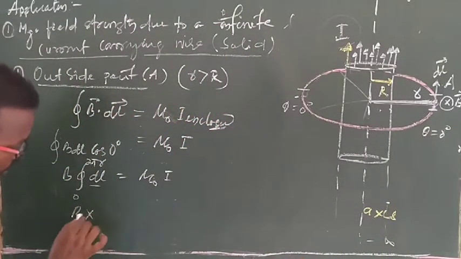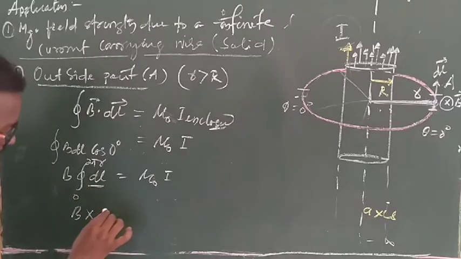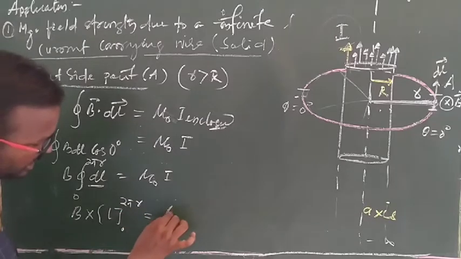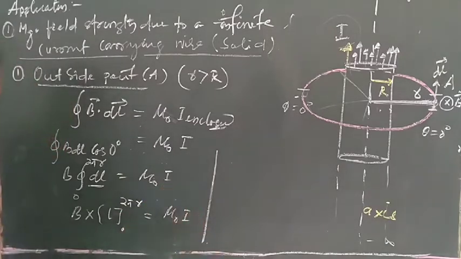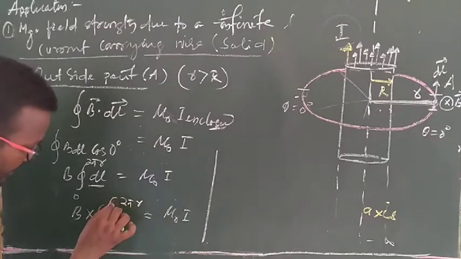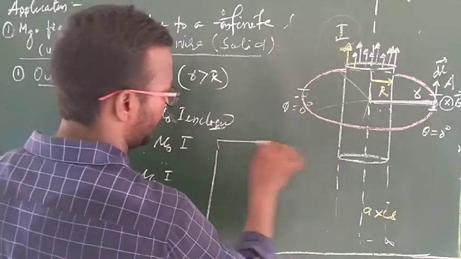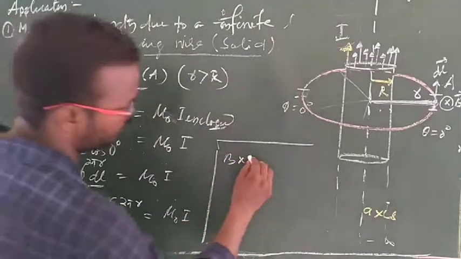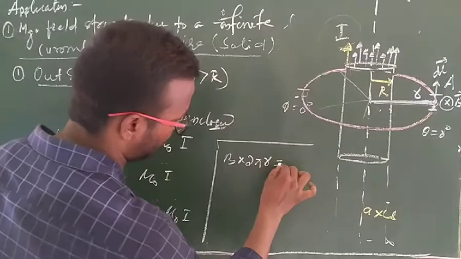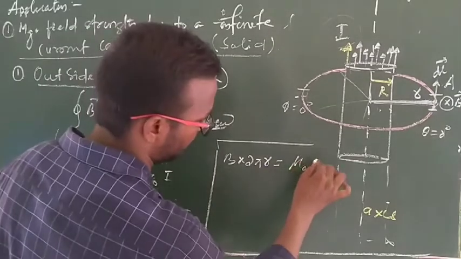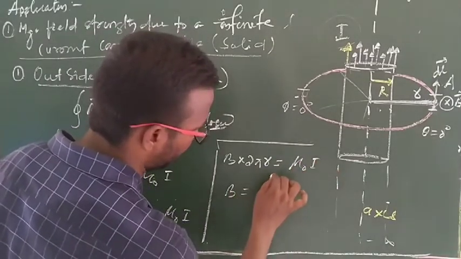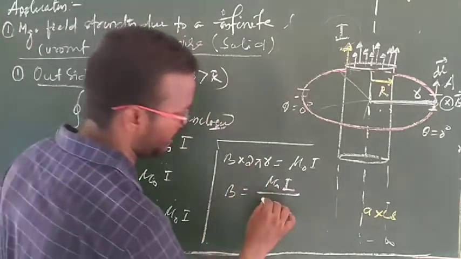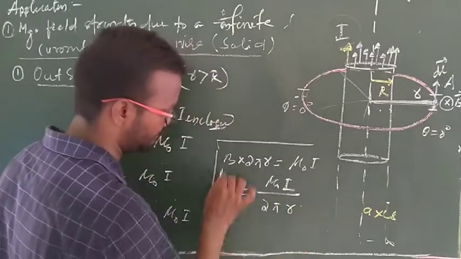So B times the integration of dl, that is L from 0 to 2 pi r, equals mu naught I. If we use the upper limit, this relation turns into B times 2 pi r equals mu naught I. So B equals mu naught I by 2 pi r.